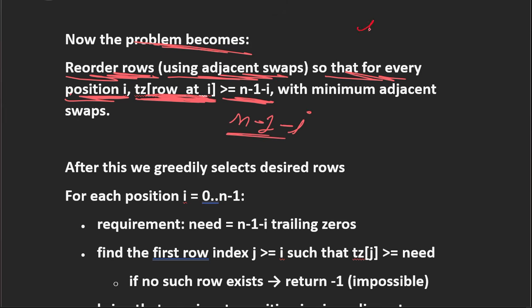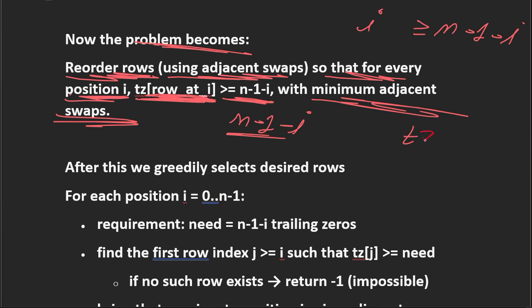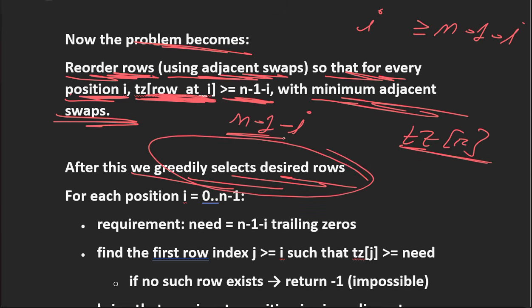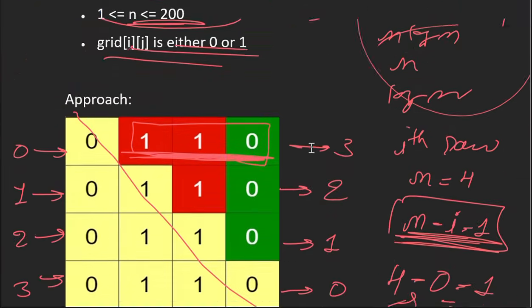That is, for every row i, the number of trailing zeros should be greater than or equal to n minus 1 minus i, with the minimum adjacent swaps. So once we store all the trailing zeros of all the rows, we will greedily select the desired row, right? So let's see an example.